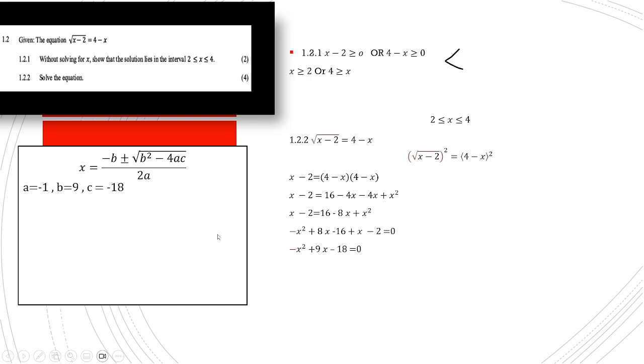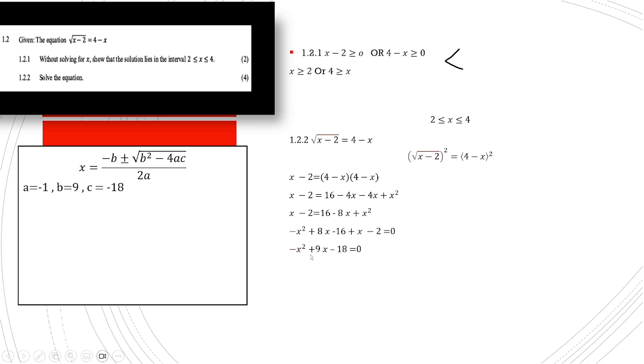So now we need a, b, and c in our quadratic equation. According to our standard equation, it is ax squared plus bx plus c. So this value here, which is this negative 1, is the value of a, and this 9, because it's bx, is the value of b, and negative 18 is the value of c.